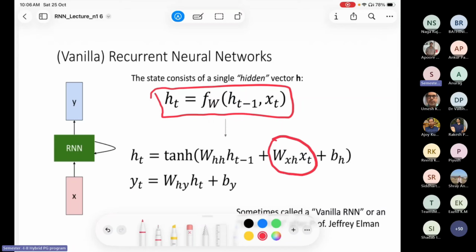So this part gives you the enhanced input information, this part gives you the enhanced previous state information, and then you add these two. If I ask what information we have after doing this, your answer would be that now I have the previous state information along with the current input information, because I have aggregated these two.